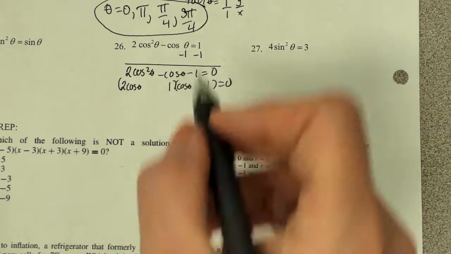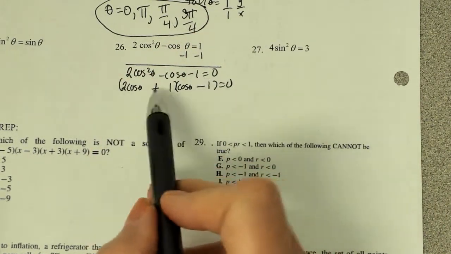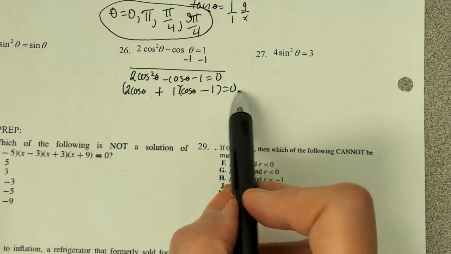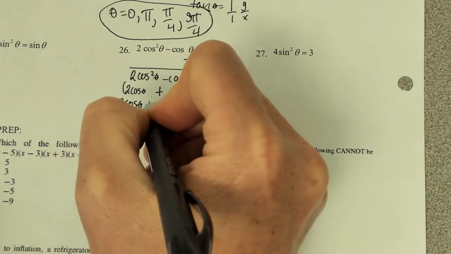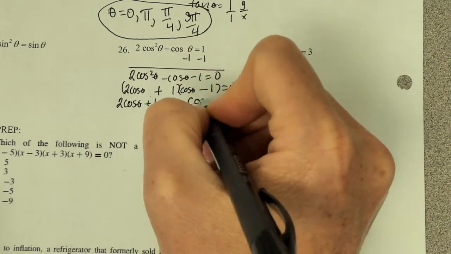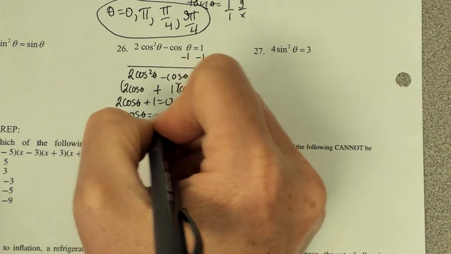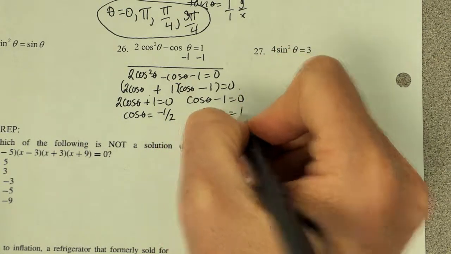Ando? You are correct. That would make it work out correctly. So that's factored correctly. So now I have to set this equal to 0 and that equal to 0. So solving this one, I'm going to get cosine theta equals negative 1/2. Solving this one, cosine theta equals 1.